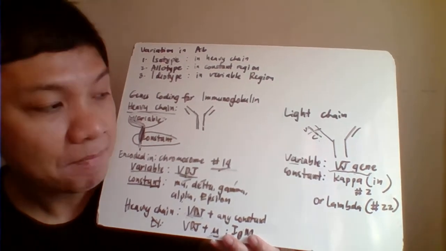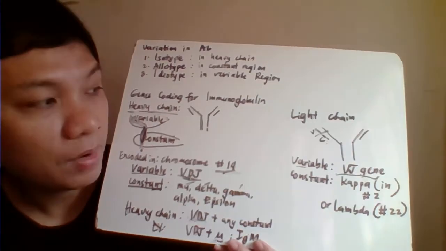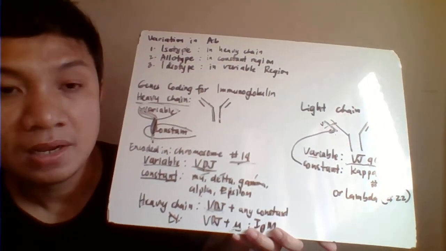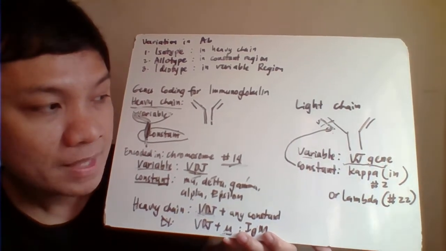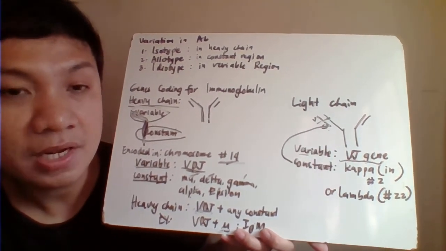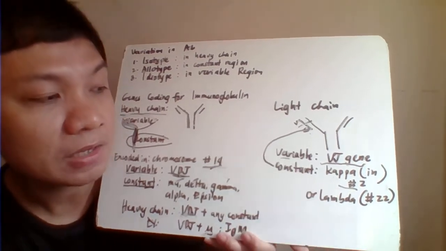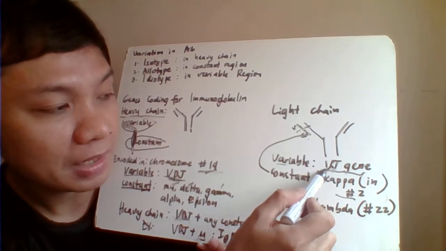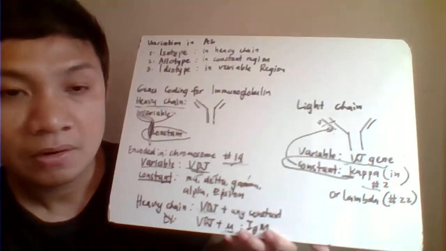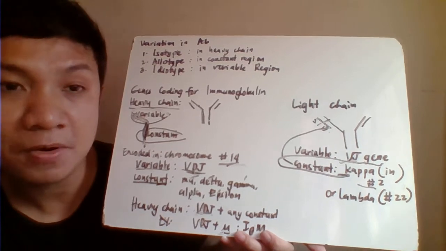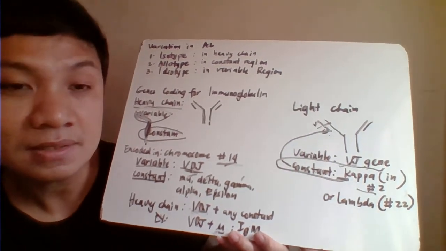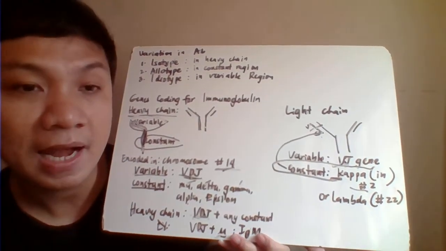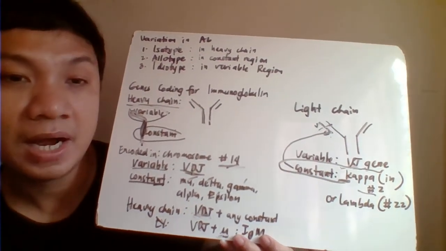Your kappa gene is encoded in chromosome number 2 and the lambda is encoded in chromosome number 22. So mamimili siya, VJ, kung magre-recombine dito sa ating kappa, kung successful siya with that, that becomes your kappa na light chain. Pag hindi siya successful, ito pipiliin niya. But never both ang kanyang light chain. It could only be either a kappa or a lambda.